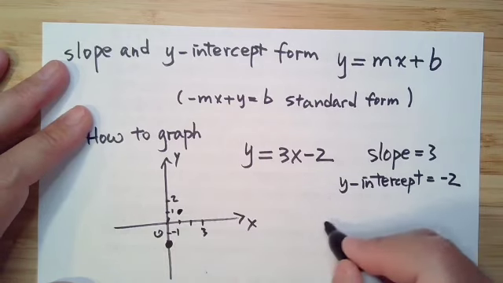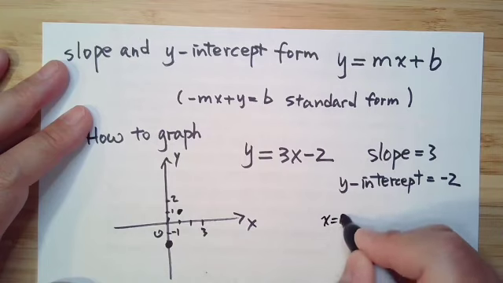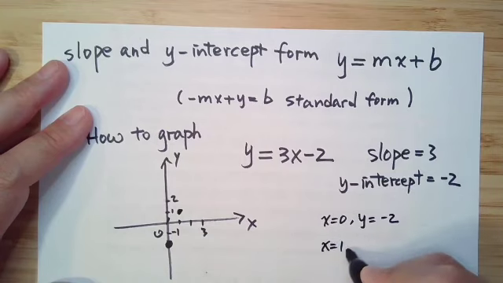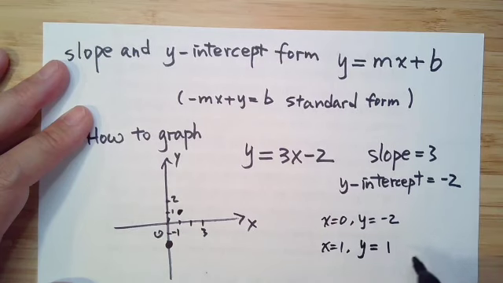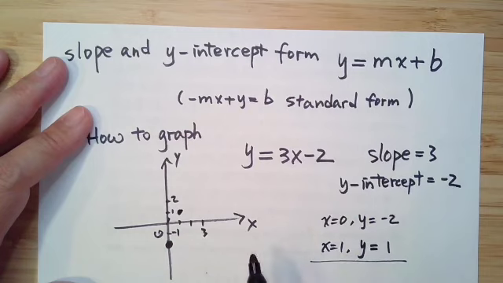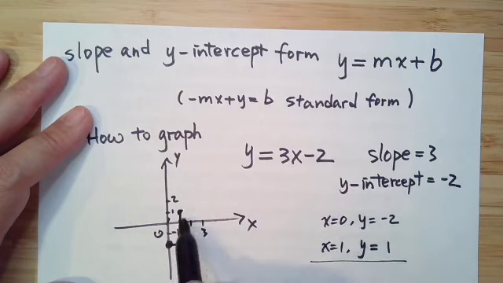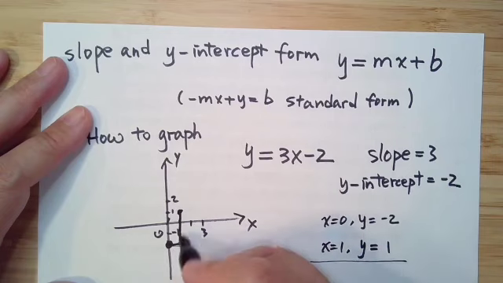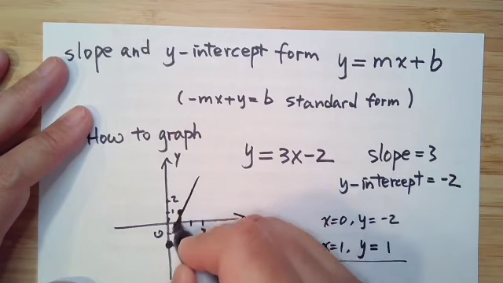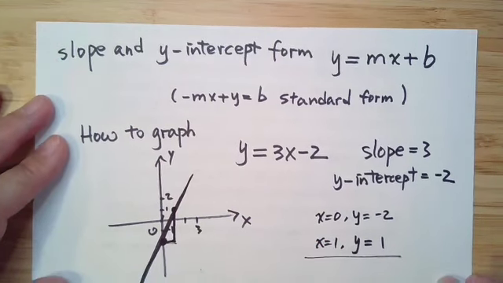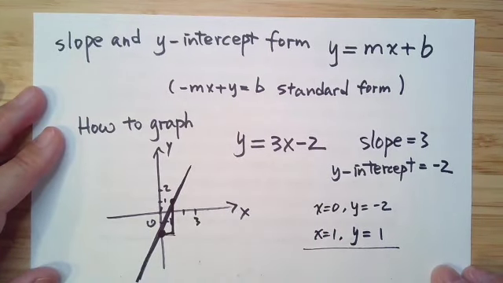This is when x equals 0, y equals -2. When x equals 1, y equals 1. How do I get that? I can either plug in x equals 1 here, or I can just use the definition of slope. Rise over run, right? 3 over 1. Therefore, I can just graph it. So that's it. It's very easy, isn't it?